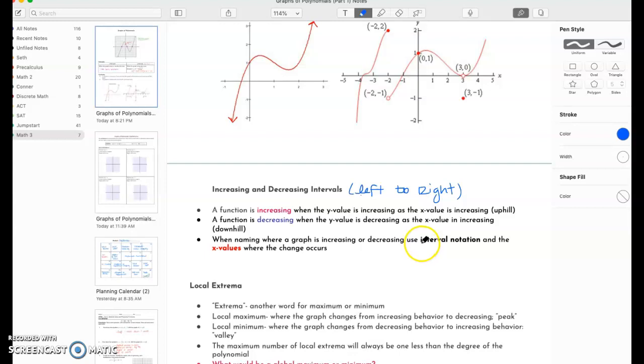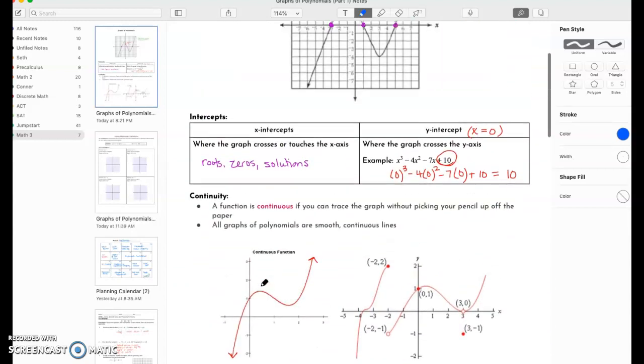Decreasing, again, reading left to right, is going to look like the function is going downhill. It's really important when you're naming increasing or decreasing intervals that you're using interval notation, so that's parentheses and brackets, and that you're using the x values for those intervals.